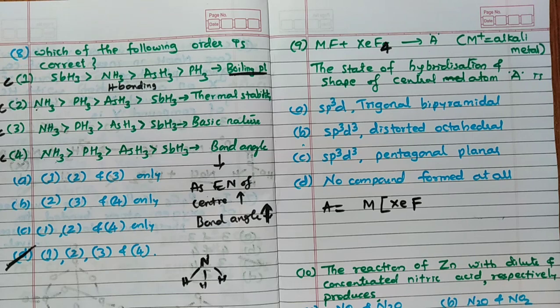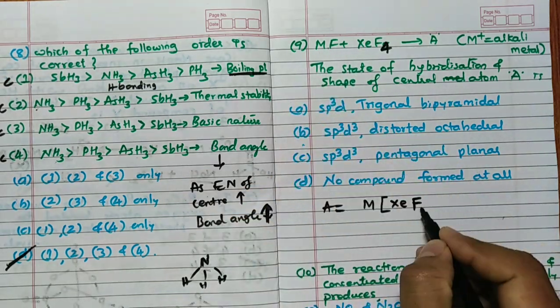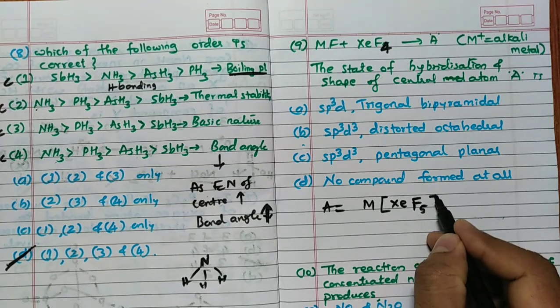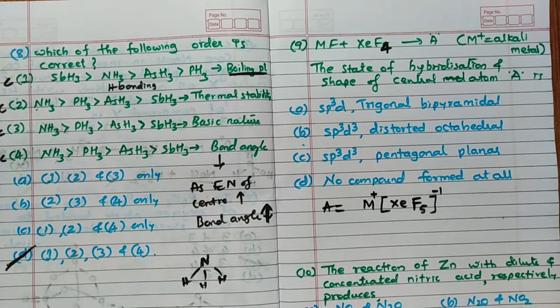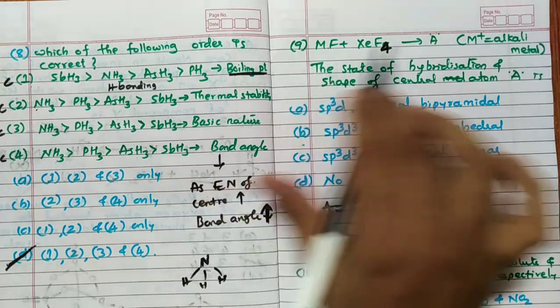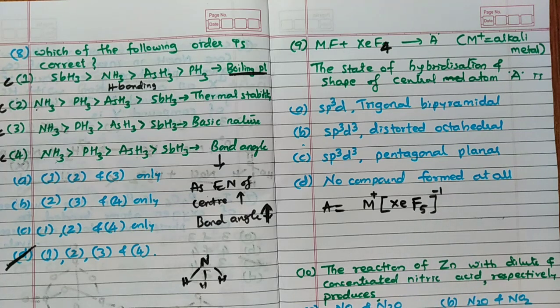Because XeF4 is the product compound formed. So XeF4 with MF, XeF5 is going to form, and in this particular case plus 1 here, minus 1 here. Correct? Because M is plus 1 alkali metal, M is outside the coordination sphere, XeF5 minus 1 is formed.